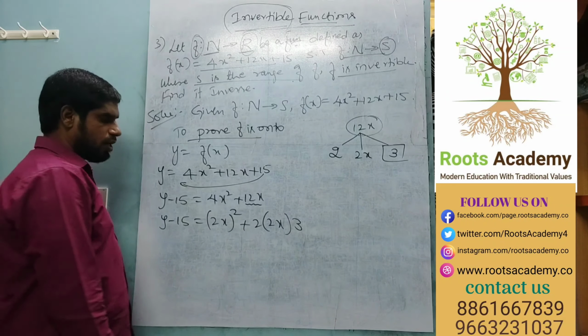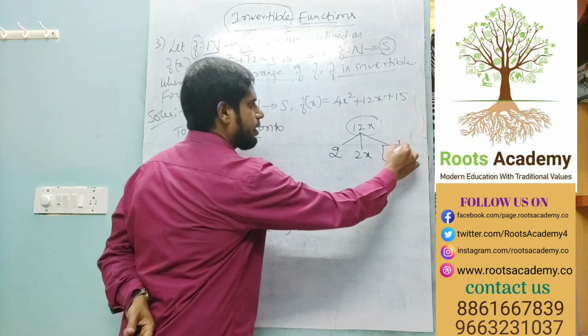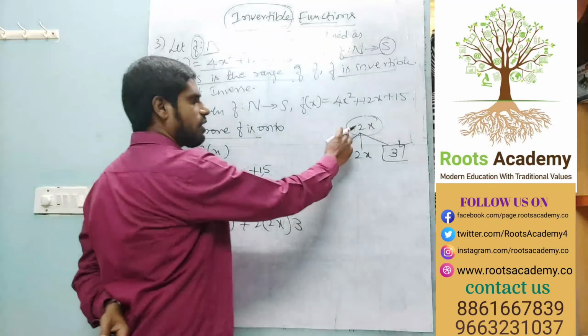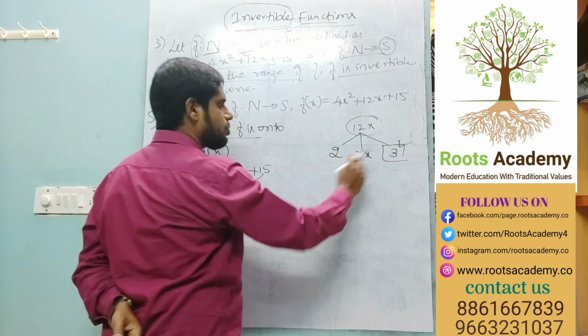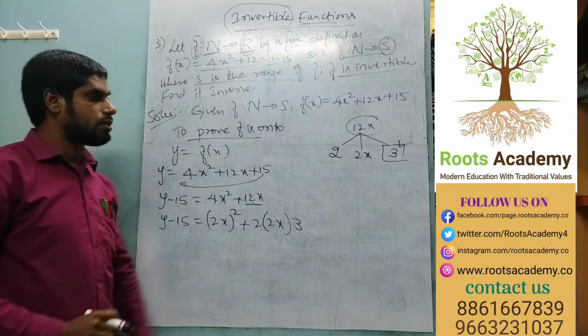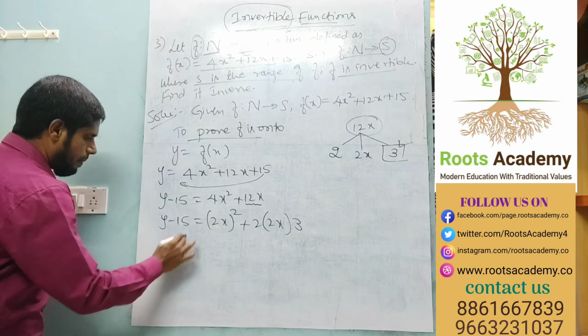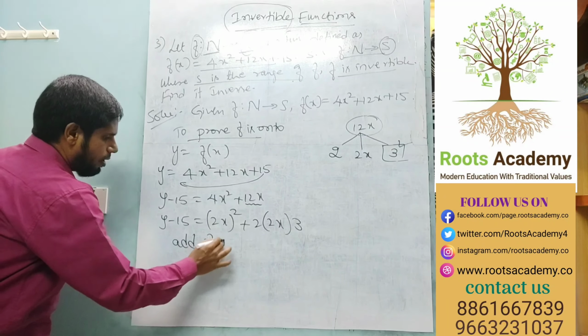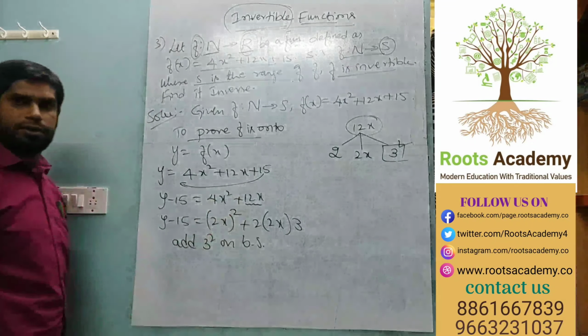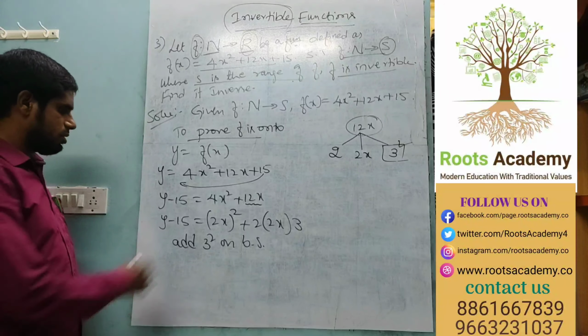The next is, student, whatever the third factor we have taken here to get 12x, that square we should add on both sides. Add 3 square on both sides. We know 3 square is 9. Directly I will add it.